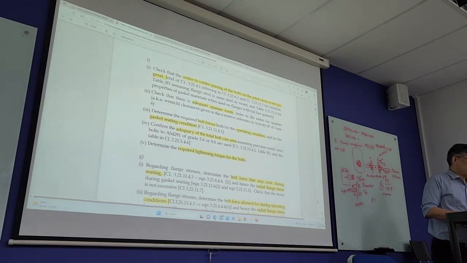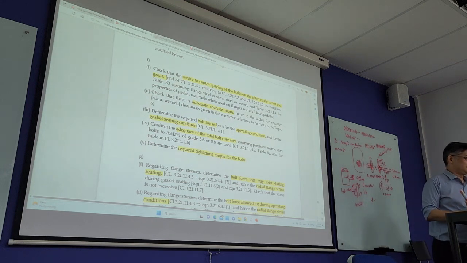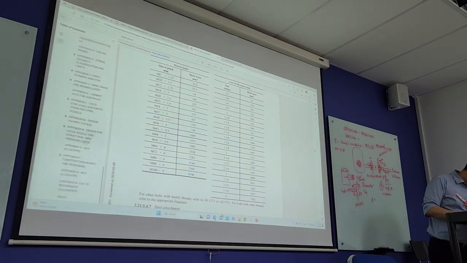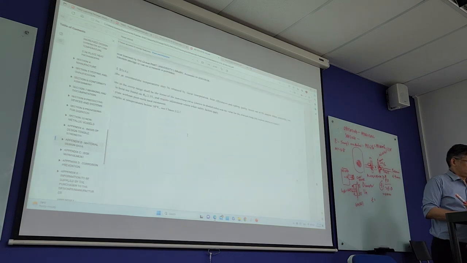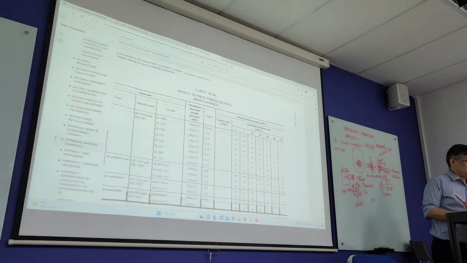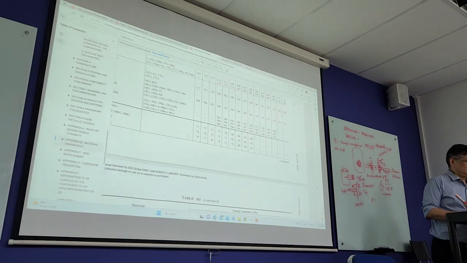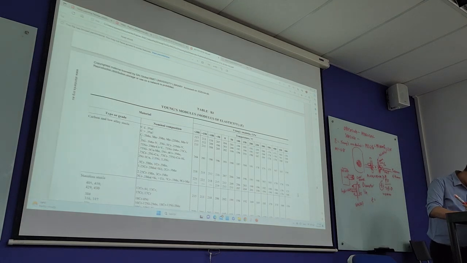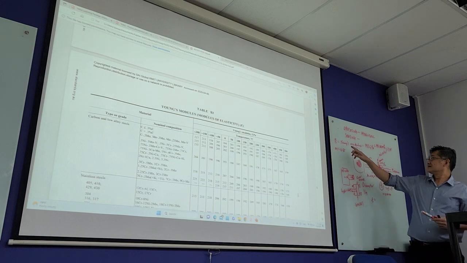Okay, so we go into Table B3. Table B3 will give you the Young's modulus.